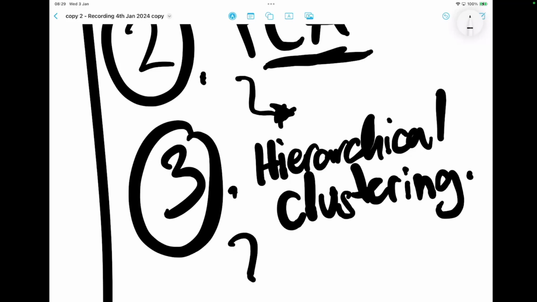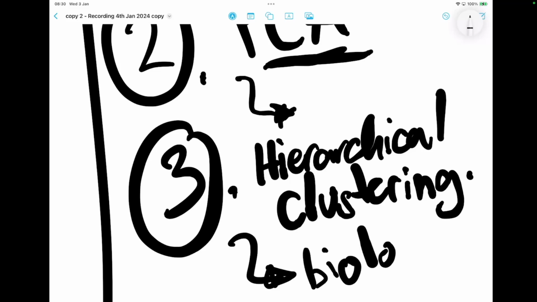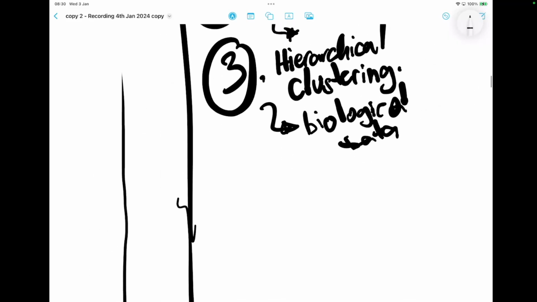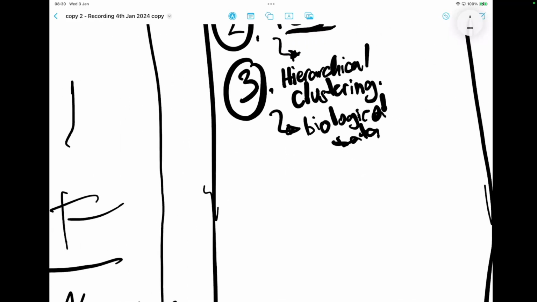And the implication for this algorithm is that it's useful in biological data analysis, like constructing phylogenies or gene expression analysis. So this is very much in biological data. And there we are, slowly you're learning which algorithm is applicable for which use case.